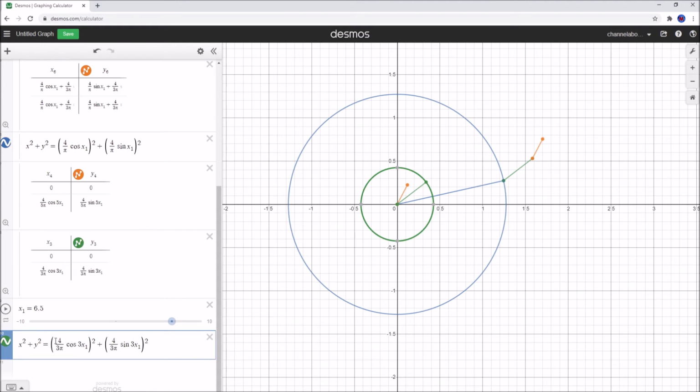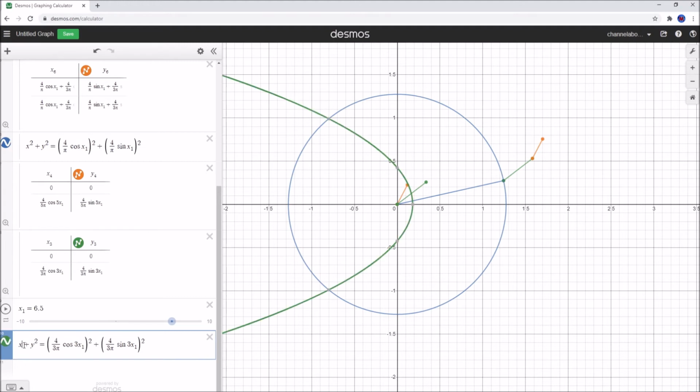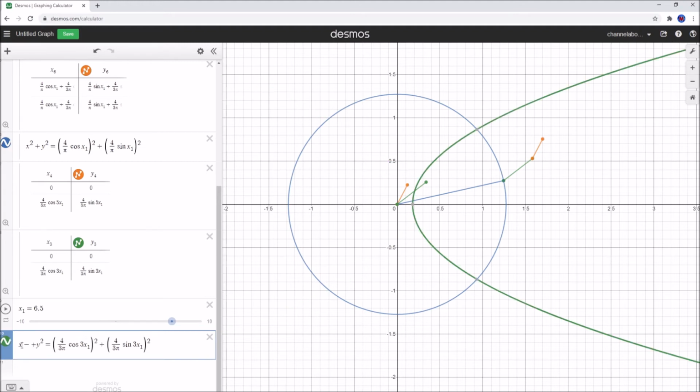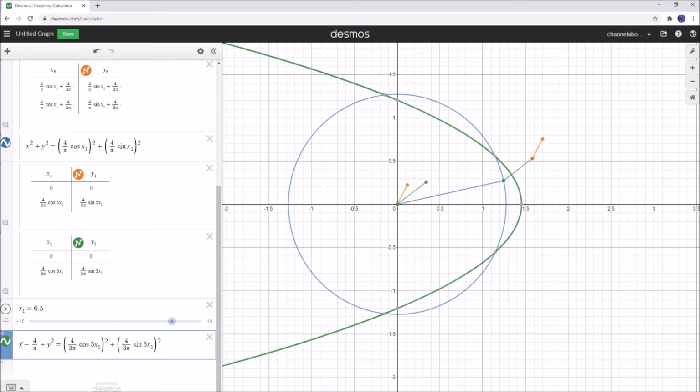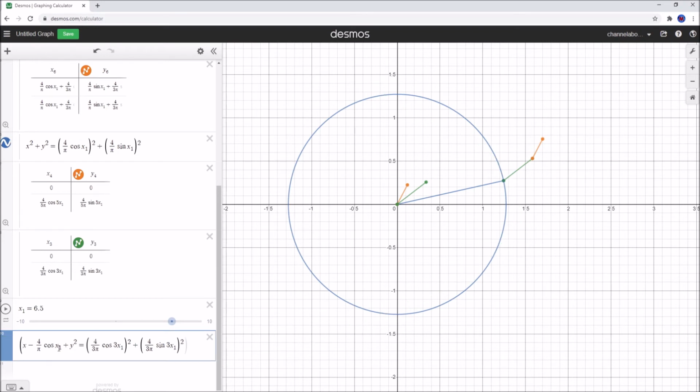So if we take those values away, instead of the x squared, we're going to have x, and we're going to have minus 4 divided by pi times cos x1. And of course this whole thing has got to be squared, so we'll put it in the brackets.